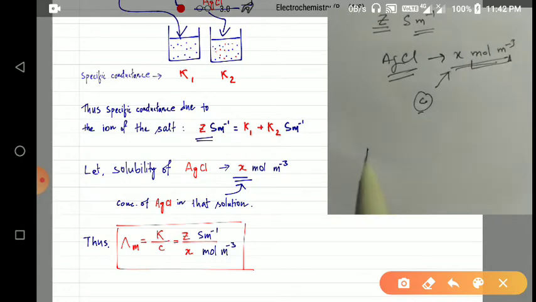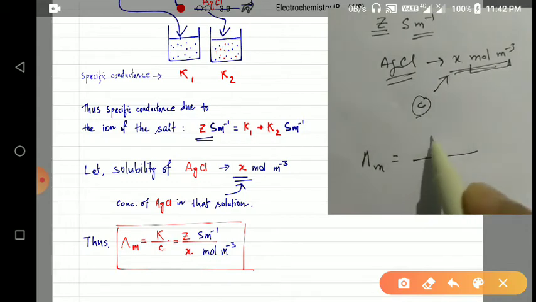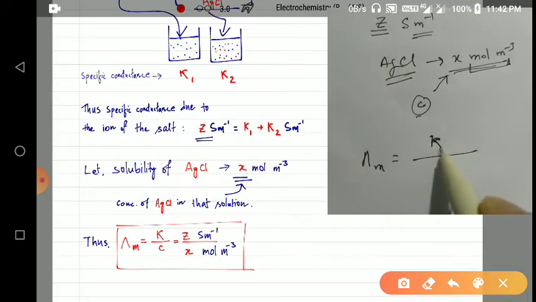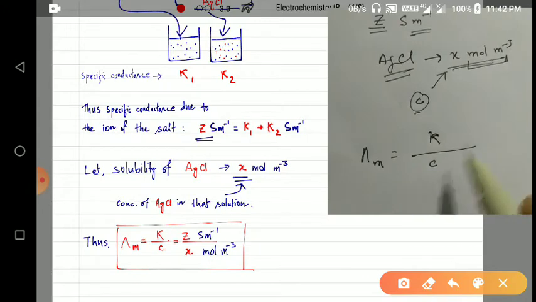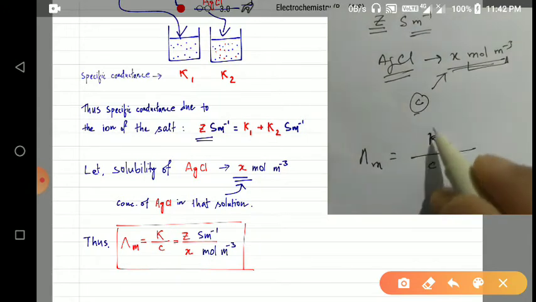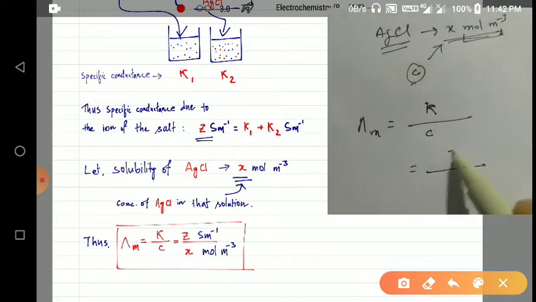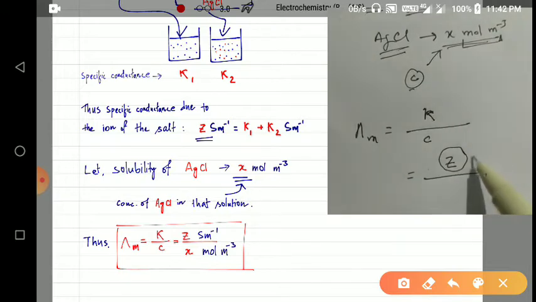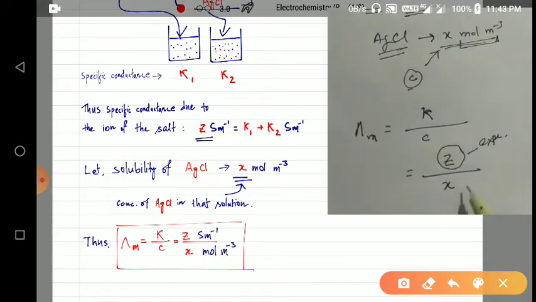And again, from the definition of molar conductance, we know that the molar conductance is defined as the specific conductance divided by C, the ratio of these two. Here we have the value of the specific conductance from that experiment, and that is Z. The concentration we don't know; it is X moles per meter cube.